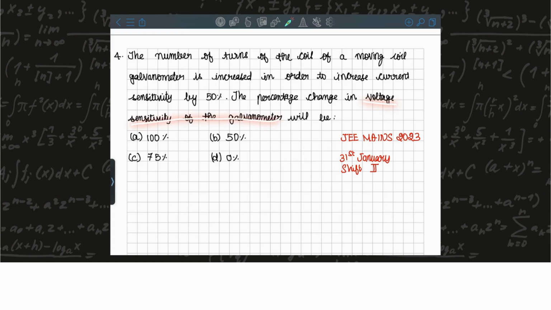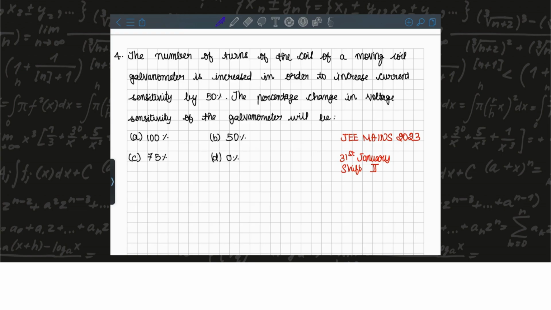If we have to increase the current sensitivity by 50%, then the number of turns of the coil will also be increased, right? And that's what they have also given us.